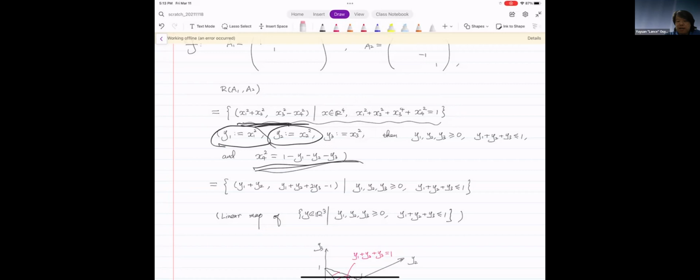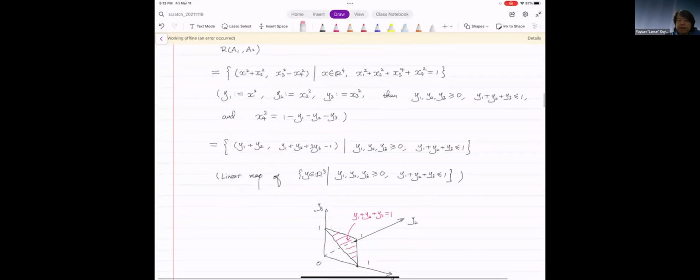So what does this set look like? Well, after I do this transformation, I end up with a description using y1, y2, and y3 only, because x4 squared can be described by y1, y2, and y3.